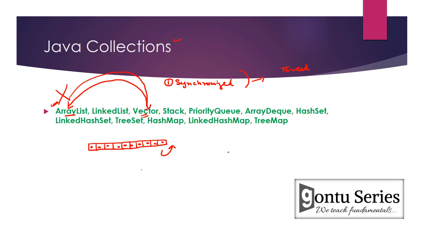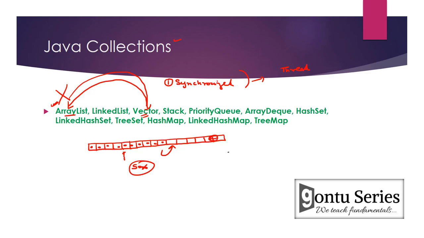Behind the scenes, the JDK checks the current capacity of the ArrayList, takes 50% of that, and adds it. Here its capacity was 10, so it's going to add space for 5 more items, 1, 2, 3, 4 and 5.